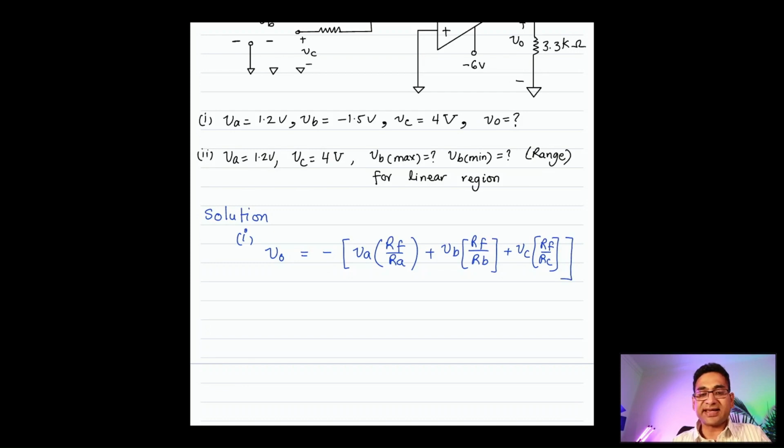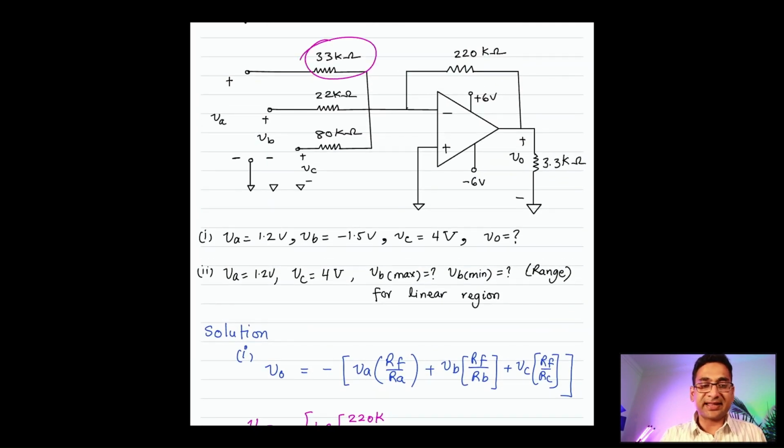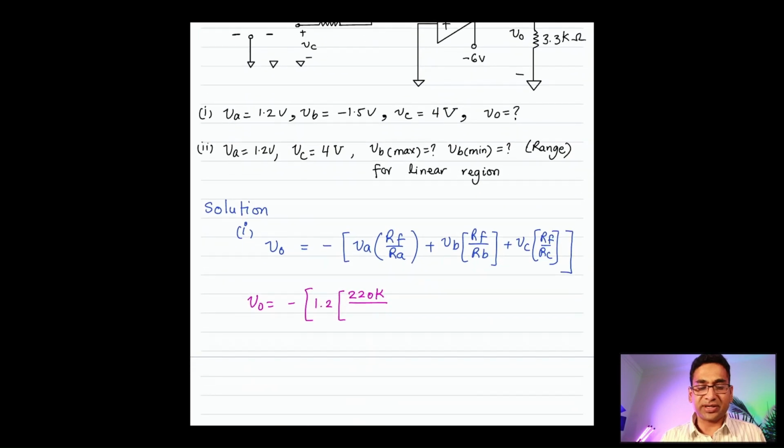Now it's just a matter of plugging in the numbers. We know the value of VA to be 1.2. So let me plug those in. VO is negative. VA is given to be 1.2 volts times RF, which is 220K, divided by RA, which is 33 kilo ohms.